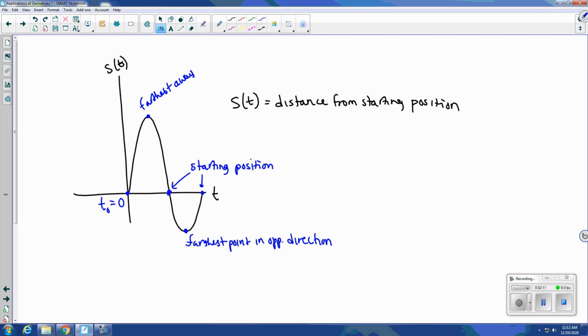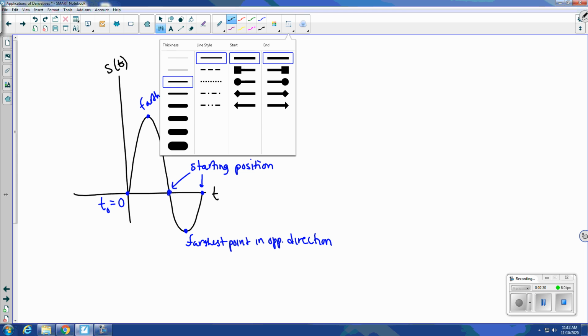Now, as we moved along this function curve, our distance was changing over time. And we're going to be interested in how to calculate that rate of change. Calculating the distance over time will get you velocity.